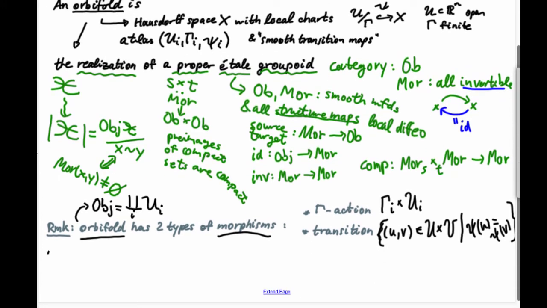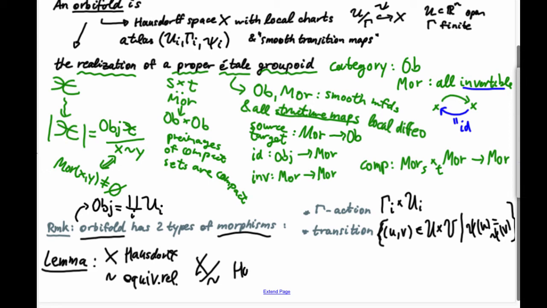So, lemma: if X is a Hausdorff space and you have an equivalence relation, then X modulo that equivalence is Hausdorff in the quotient topology if and only if the equivalence relation is proper, in the sense that source and target together are proper.